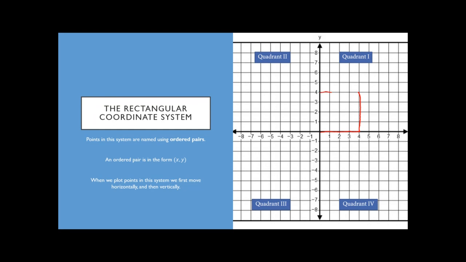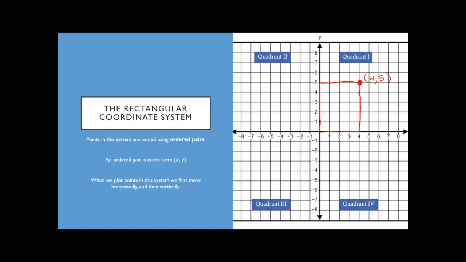So like if I was moving to 4 and then let's say I moved up here to 4 on the Y, let's see, actually let's make it look like a rectangle. So let's go to 5. It forms a rectangle. So if I was to put a point right here, our X value is 4, the Y value is 5. We write it in alphabetical order, 4, comma, 5.